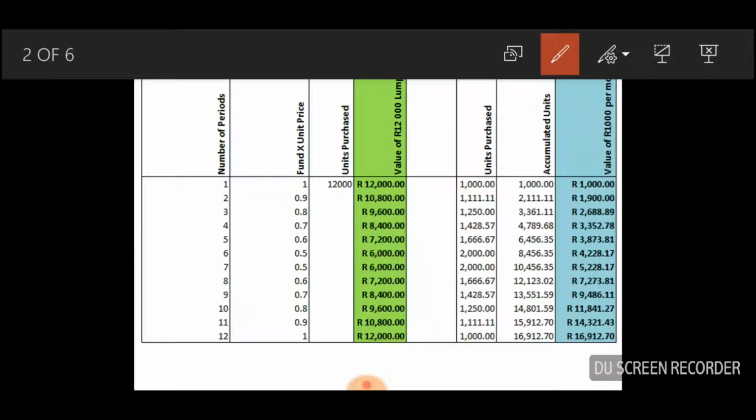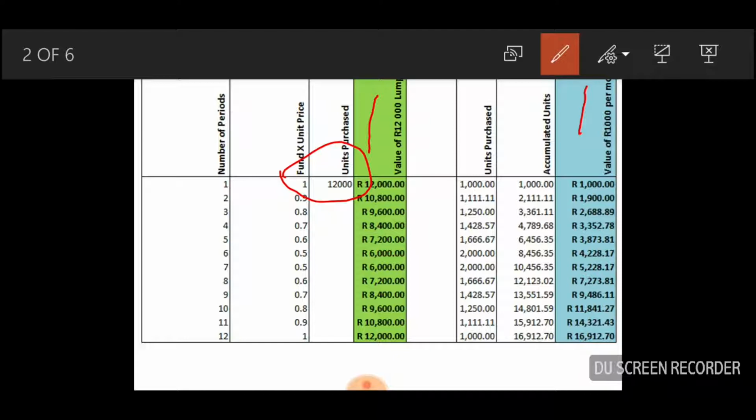So basically what this table shows, it's based on the graph in the slide before. The green block over here shows how the investment value is based on a 12,000 Rand lump sum investment, whereas the blue shows the value of the investment if we had to make 1,000 Rand payments over a 12-month or a 12-year period. So we can see in the beginning of the period, we've bought 12,000 units at R1 per unit.